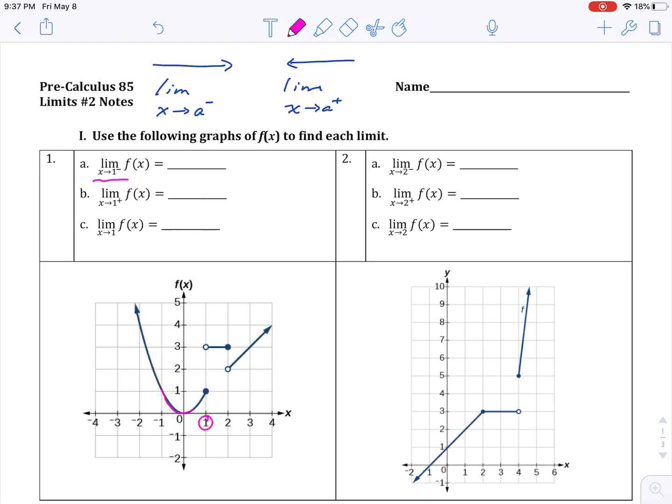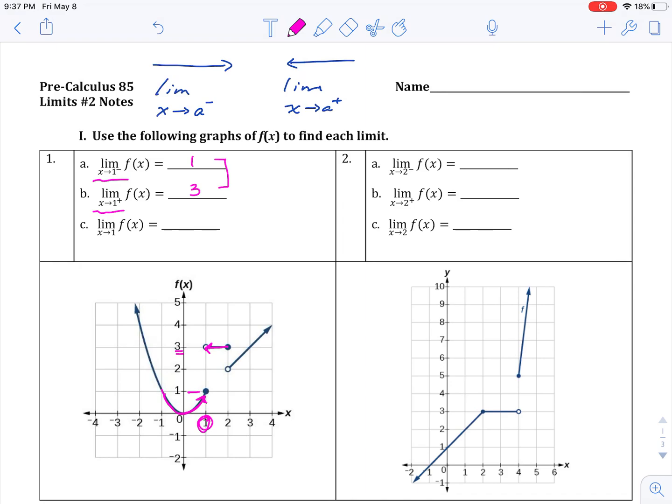Okay, so if I am approaching from the left, it looks as though f of x is approaching a y value of 1. So therefore, I say 1. If I talk about the limit as x again approaches 1 from the positive side, as I go from right to left, it is approaching a y value of 3.